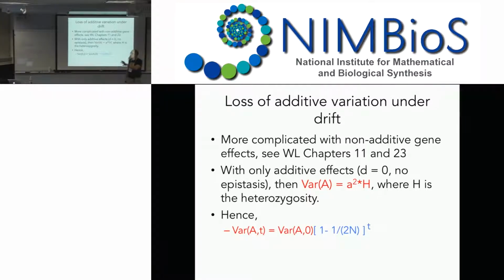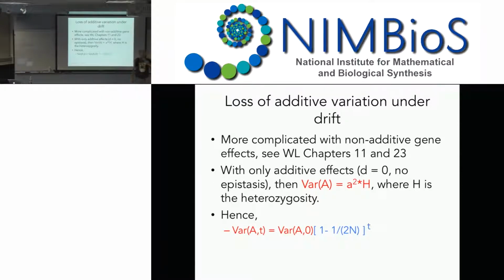So drift, the power and timescale of drift, depends upon the population size. Smaller populations, more power for drift. Drift has the effect of making heterozygosity go to 0 as alleles become more and more extreme, eventually becoming lost or fixed. That means your additive variation is going to change.